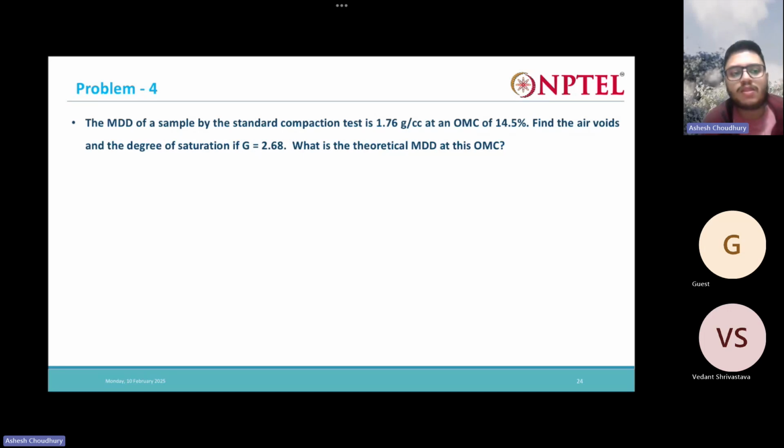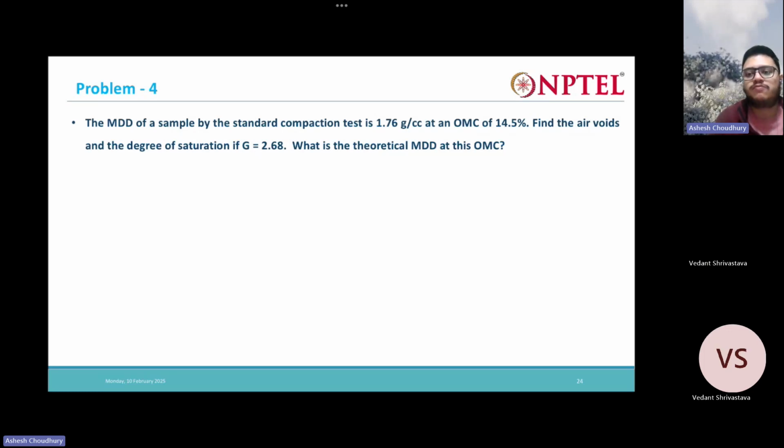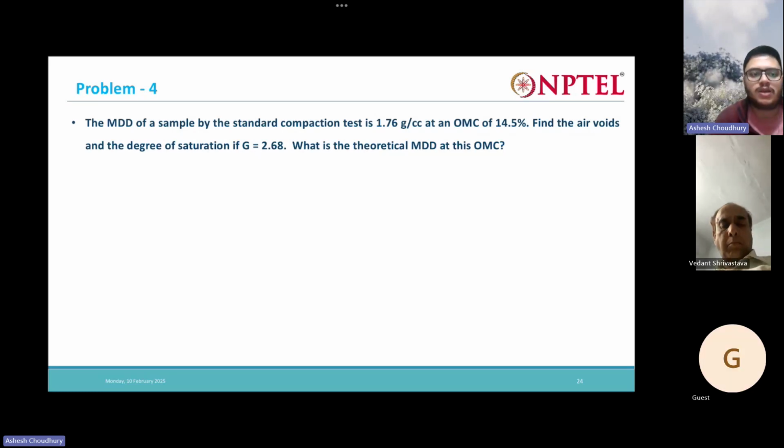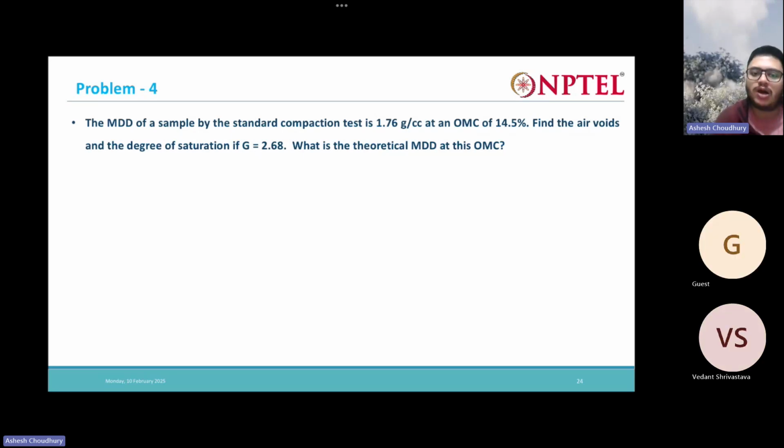Let us see this. The maximum dry density of a sample by the standard compaction test is 1.76 gram per cc at an optimum moisture content of 14.5%.